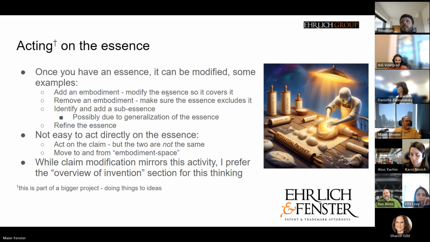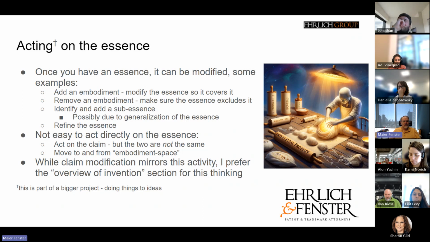I know it sounds a bit complicated. So let's understand for a second what you can do with an essence, and then we'll go back to our little Lego example. So once you have an essence, maybe you want to add an embodiment, saying, oh, we have another embodiment. Now we have to modify the essence so it includes that embodiment.